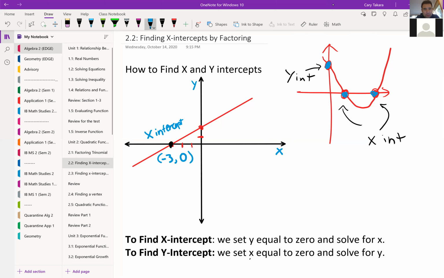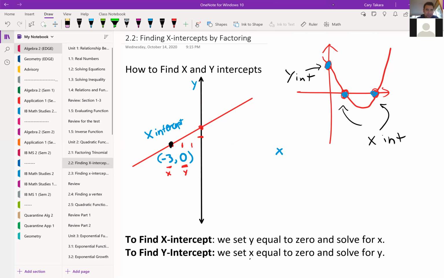What is the y coordinate of the x-intercept in this case? It's 0, right? The y coordinate is this number right here. This is the x coordinate, and this is the y coordinate. Now, let's say the line is crossing over here, what is the y coordinate? Isn't the y coordinate again 0?